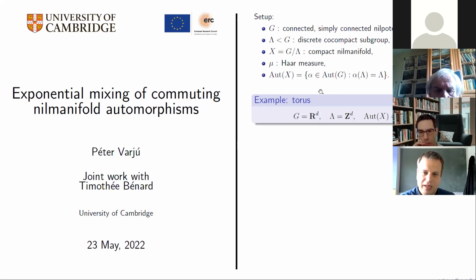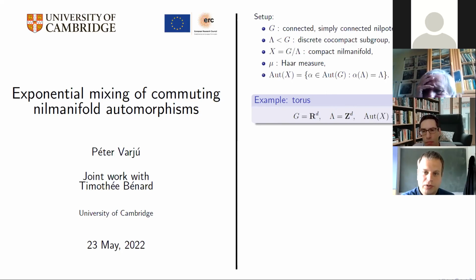So it's always good to have in mind a simple example, which is perhaps more familiar. You can take just R to the D as the nilpotent Lie group. And for the discrete co-compact subgroup, you can take Z to the D. So that's just the standard lattice. And then X will be the D-dimensional torus. The automorphisms of R to the D are just invertible linear transformations.